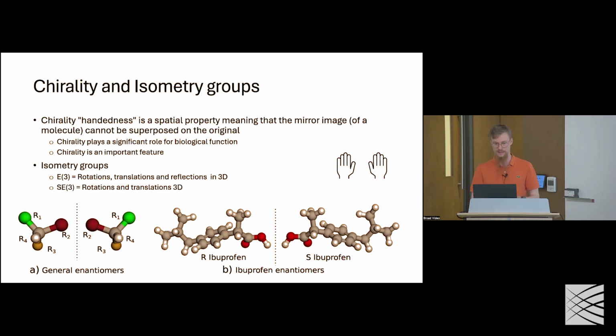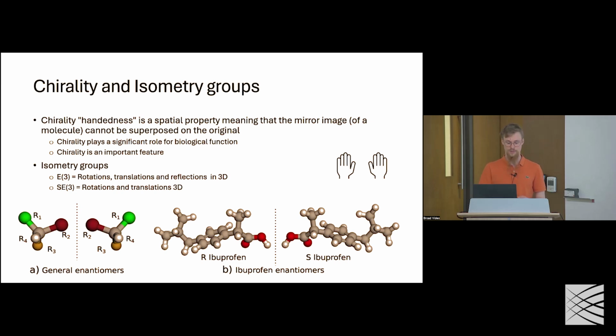And kind of related are the mathematical isometry groups, where we have the Euclidean group, which is rotations, translations, and reflections. So if some function is invariant to E3, then it cannot distinguish between the two enantiomers.